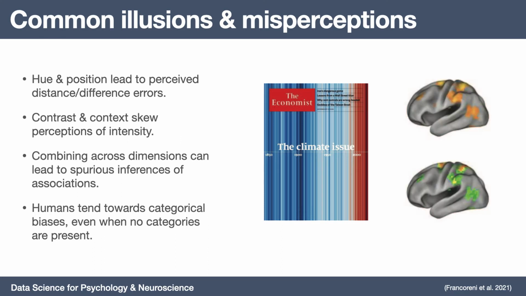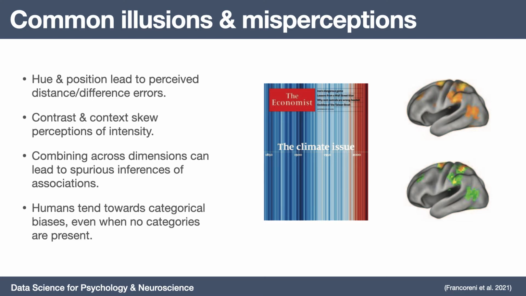Another place we see this all the time is in visualization of brain imaging data. So here are two brain imaging maps showing the exact same statistics. So the color maps of the orange and yellow on the top are plotting the same quantitative information as the maps on the bottom showing red to green, green to yellow to orange.